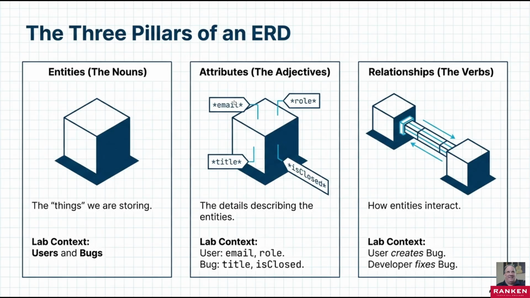A user has an email, has a role. A bug is going to have a title, the title for your bug. A bug is closed. So different adjectives, different attributes of these entities.